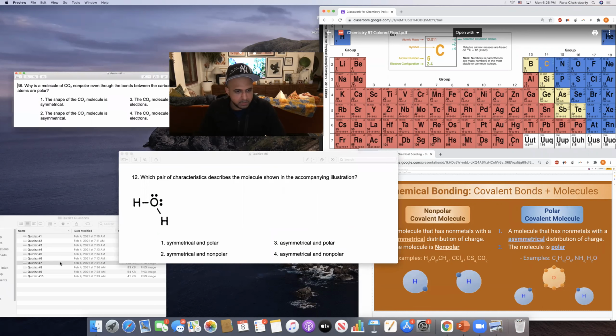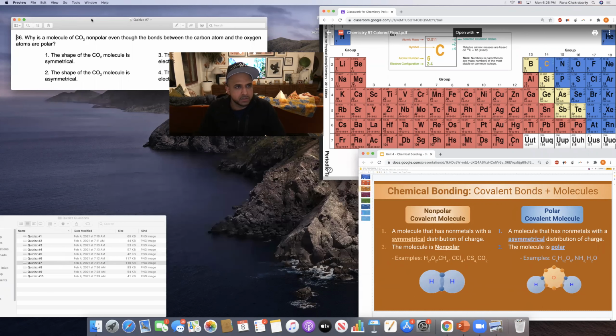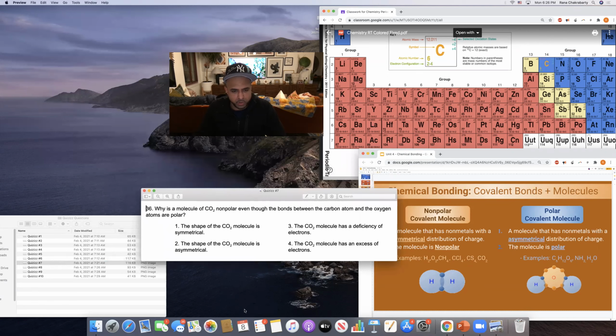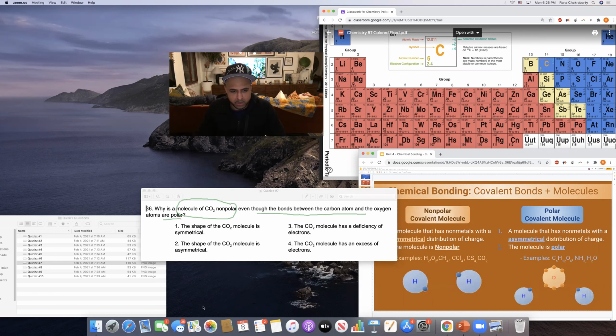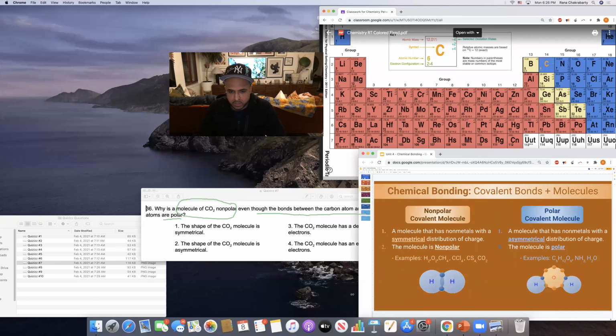Number 7 says, why is the molecule of CO2 non-polar, even though the bonds are polar? So I go back to my notes and I see that CO2 is under the non-polar molecules, which means it has a symmetrical distribution of charge.